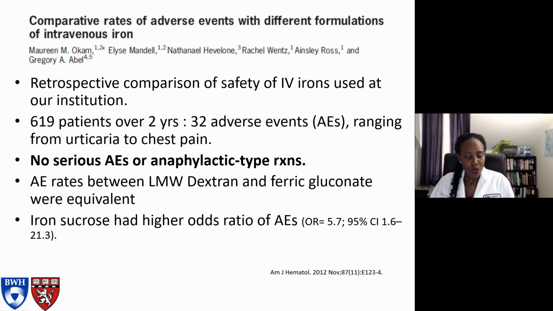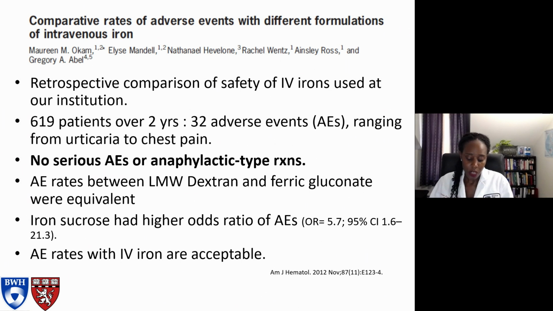The adverse event rates were similar between low molecular weight iron dextran and ferric gluconate, slightly higher with iron sucrose, but we concluded that all the IV iron formulations we use are acceptable, and we use these quite judiciously, but quite often, and with much benefit.